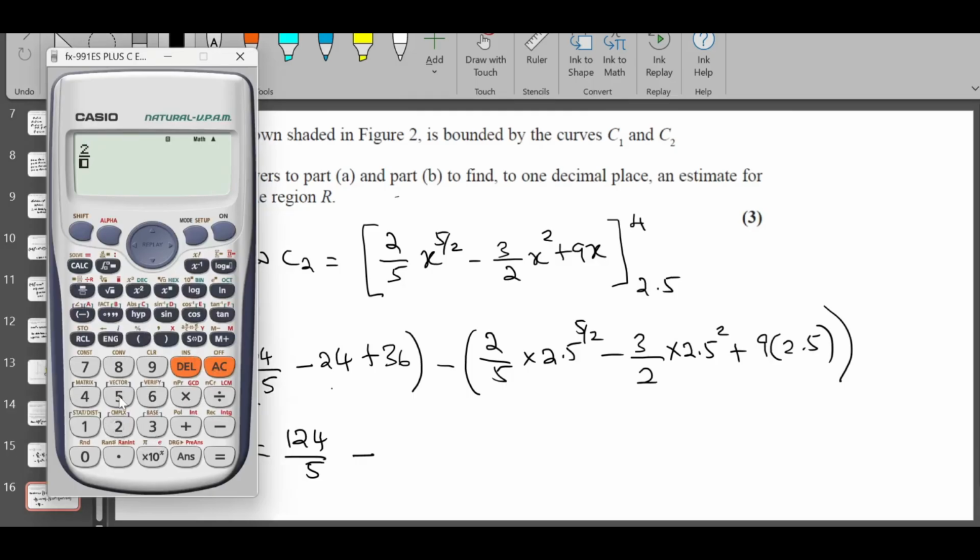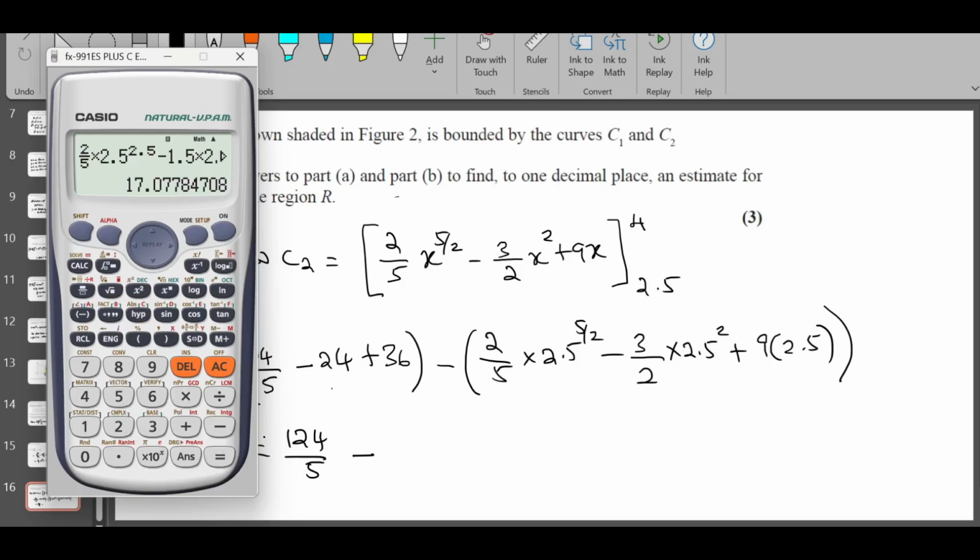2 over 5 times 2.5 to the power 5 over 2, minus 3 over 2, you can put it as 3 over 2 or 1.5, times 2.5 squared, plus 9 times 2.5.